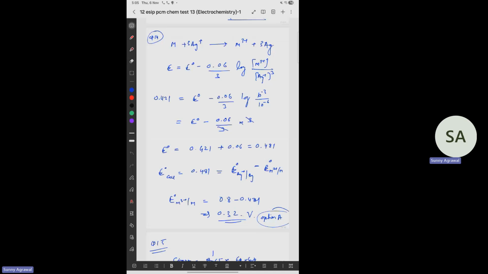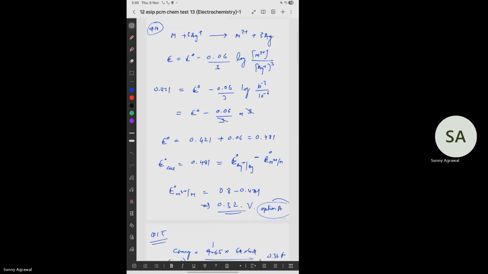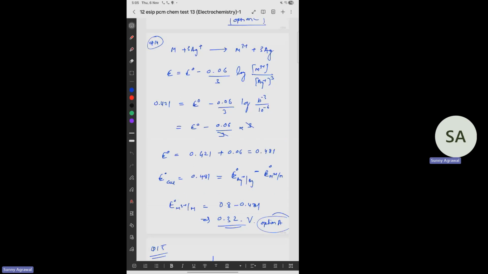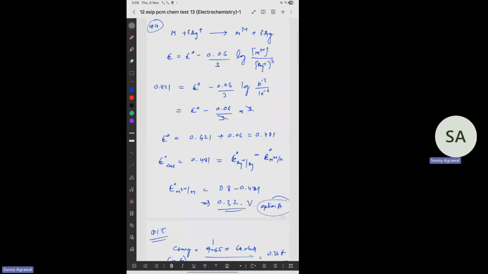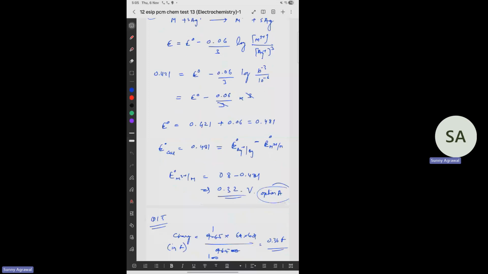What we have to calculate is the standard potential for M3+ to M. We have the value of E cell, so first we will calculate E naught for this process, and we can easily find that E naught for this is equal to 0.481 volt.